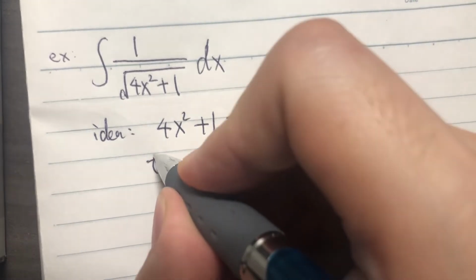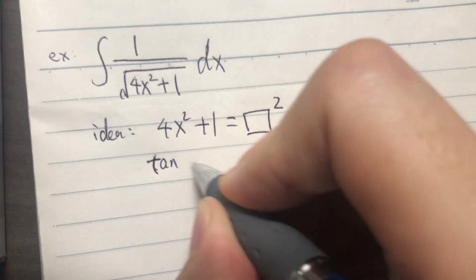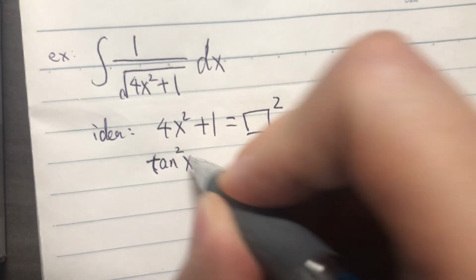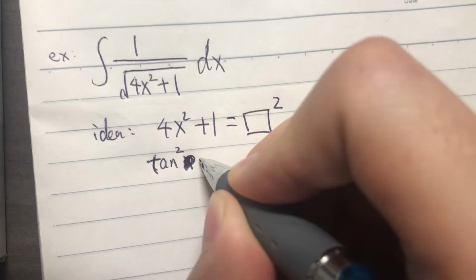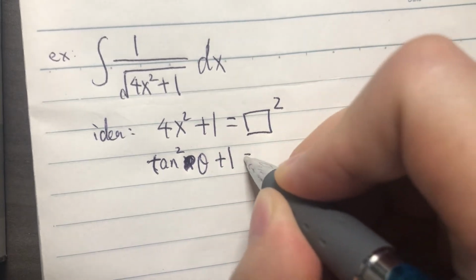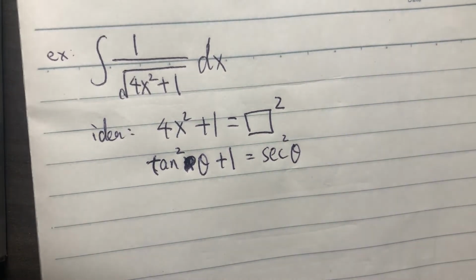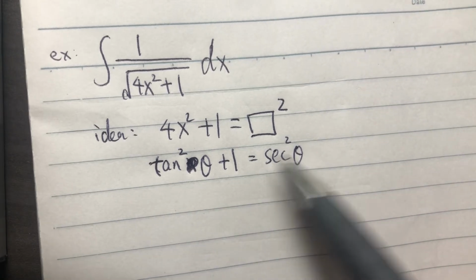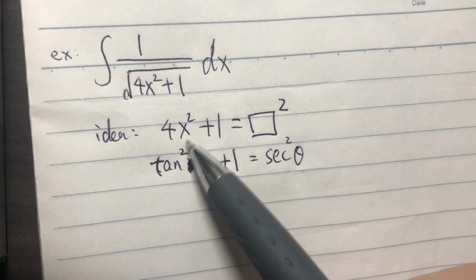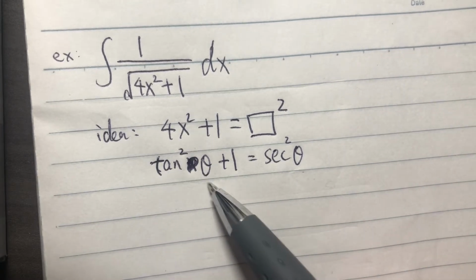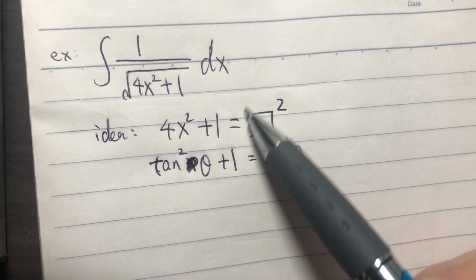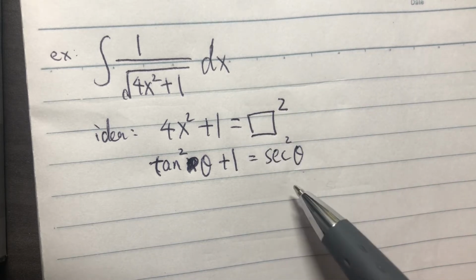So you have tangent theta square plus 1 equals secant theta square. And this is one identity. Basically 4x squared is the tangent theta square, and the right hand side is secant theta square.